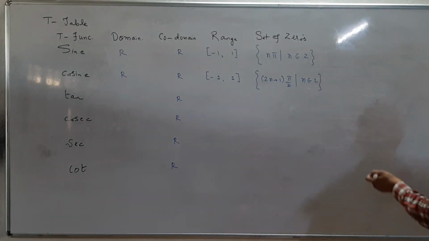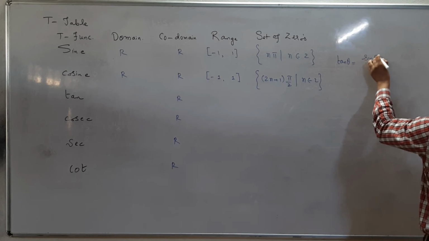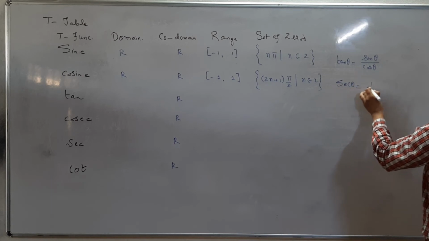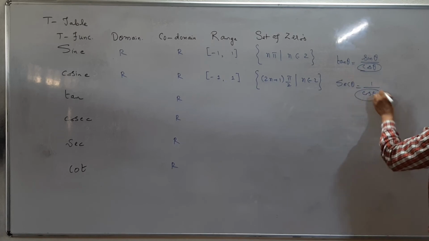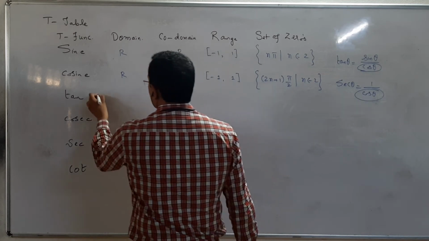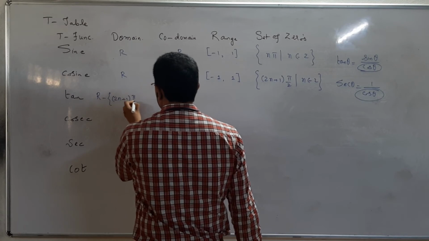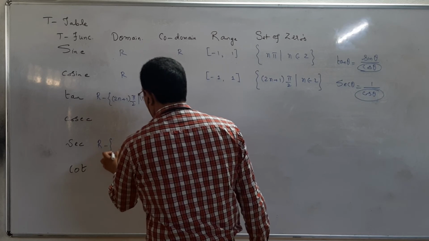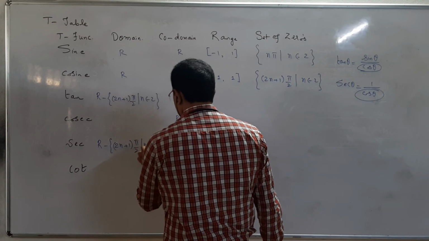Now tan theta is sine theta upon cos theta, and sec theta is 1 upon cos theta. So when cos theta is 0, tan and sec functions are not defined. So the domain of tan function is R minus set of zeros of cos, and the domain of sec function is also R minus set of zeros of cos.